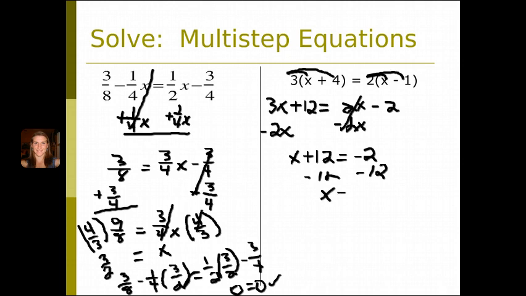To test your work, we plug -14 back in everywhere we see x. So 3 times -14 plus 4 equals 2 times -14 minus 1.